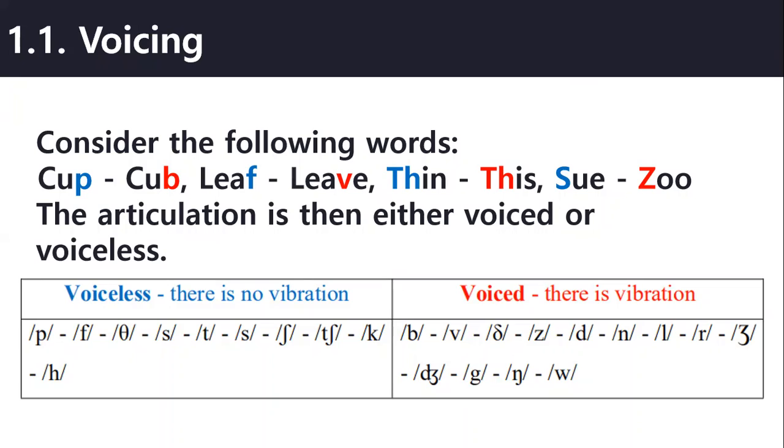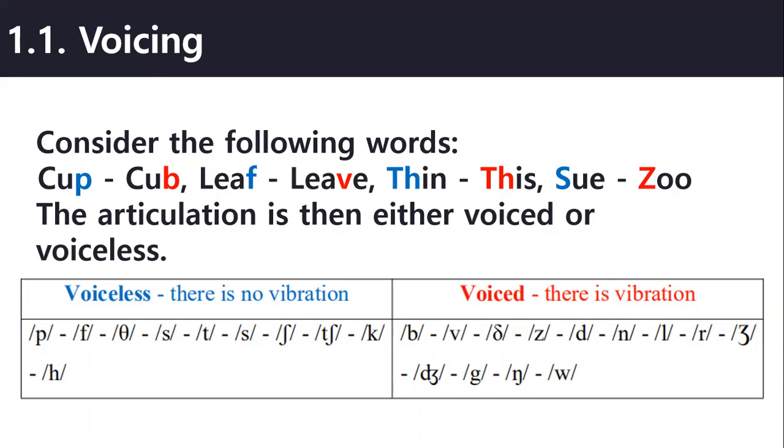Cup, cub, leaf, leave, thin, this, sue, zoo. You can notice that in some words your vocal cords vibrate while in others they do not. So we say that the articulation is either voiced or voiceless.